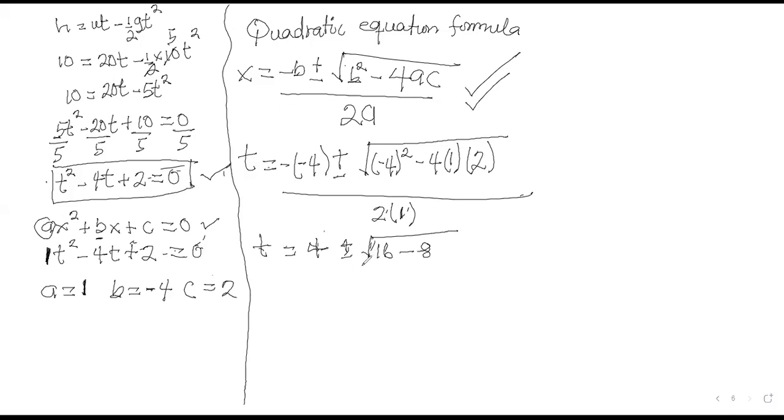So this is correct. This is divided by 2. So we have 4 plus or minus the square root of 16 minus 8. What is 16 minus 8? That's 8. Square root of 8 is 2 root 2, right?